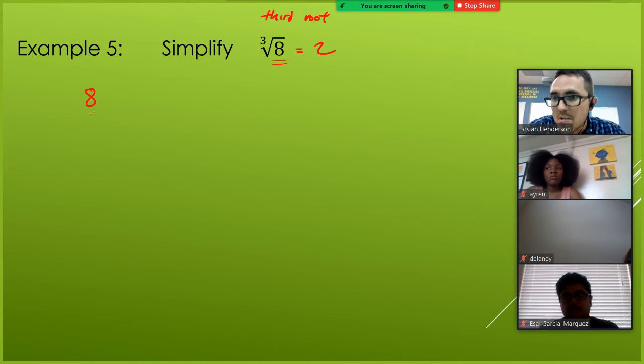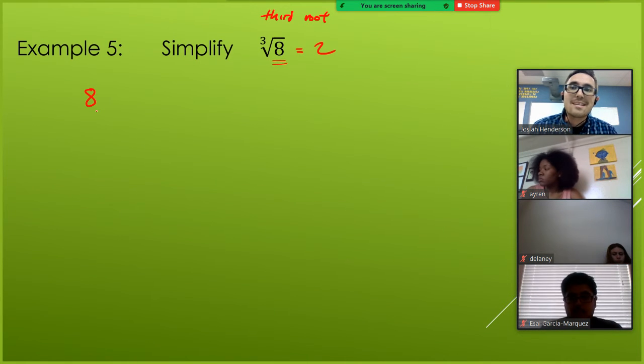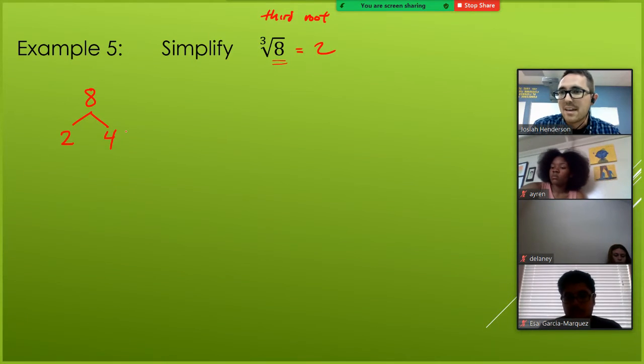Start with anything you want. Start with 2, which is usually a good choice if the number's even. So I'm going to say 8 divided by 2. Well, that's 4. So I'm going to make this root system here. This is my factor tree to break apart the base, the 8, and figure out all the factors that multiply to make it. So 2 times 4 is 8.